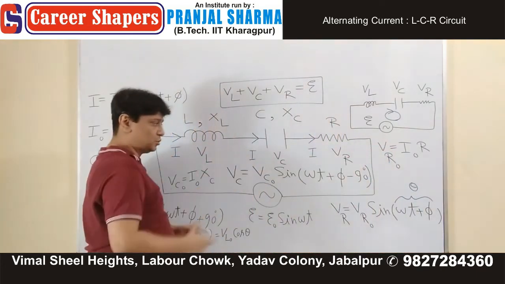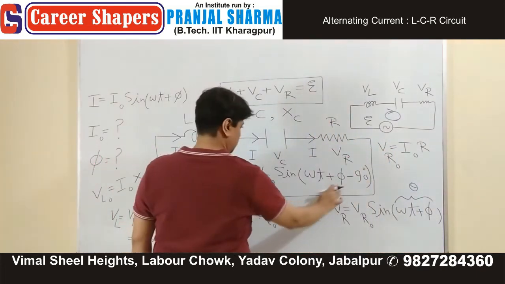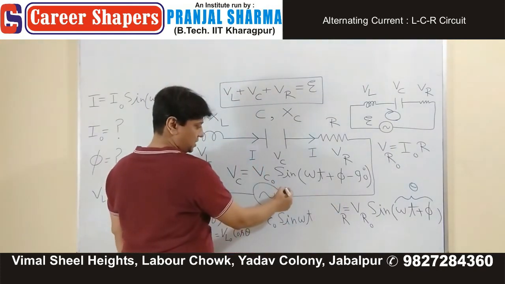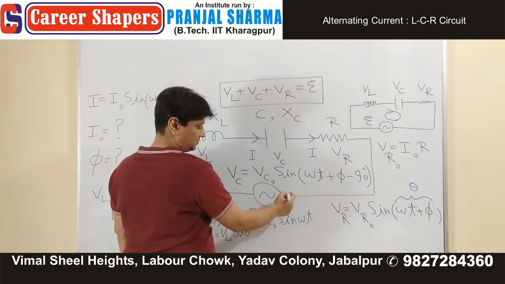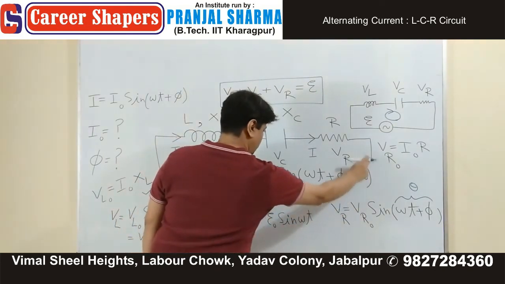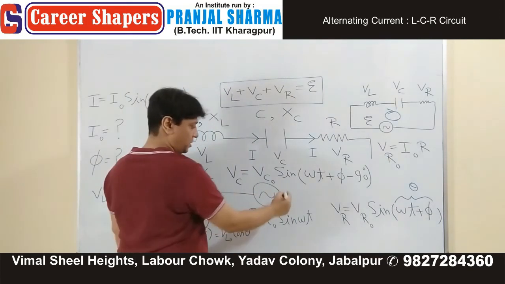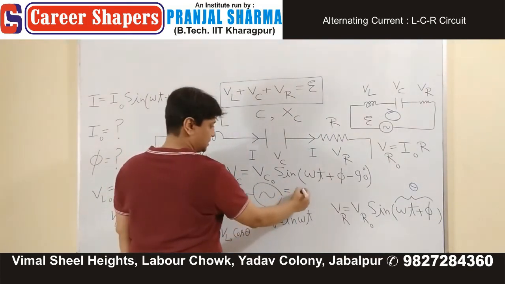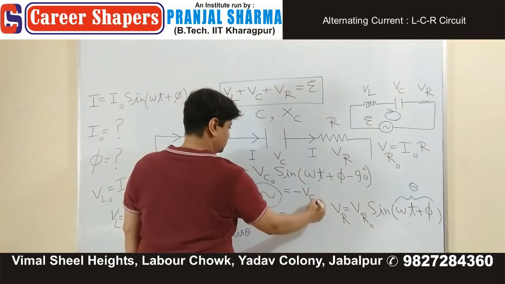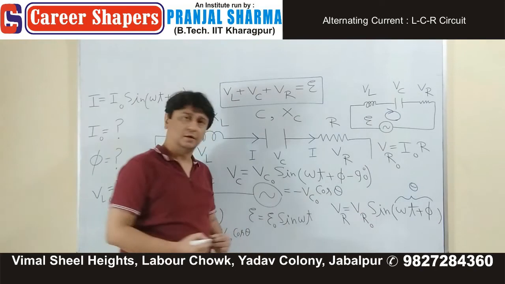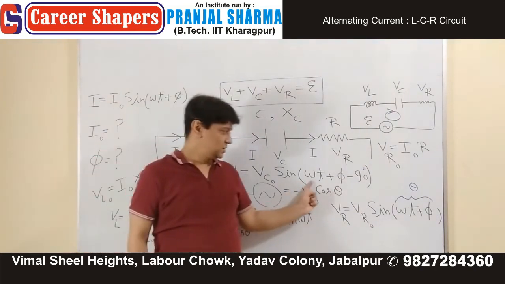And using the same logic, we can write this. I hope you can figure out yourself. Let me write the whole thing fast. It will be VC naught cos theta. This is theta.